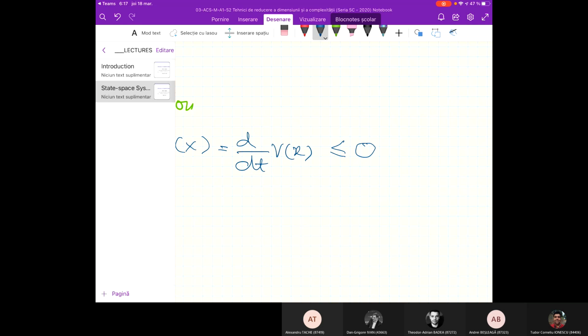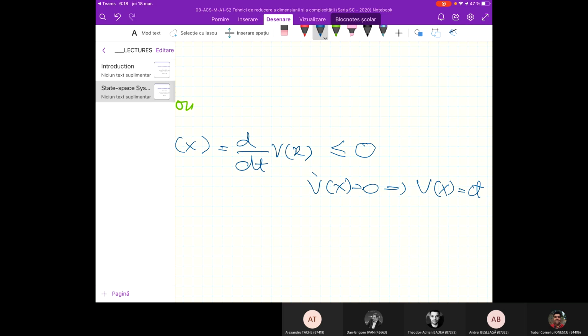Because if V dot of x is 0, that means that V is constant. The energy is not growing up. Do you remember? It's not blowing up, like we discussed with the synchronous machine example in the introduction lecture. So a system is internally stable if its internal energy is decreasing to 0 or a constant level.